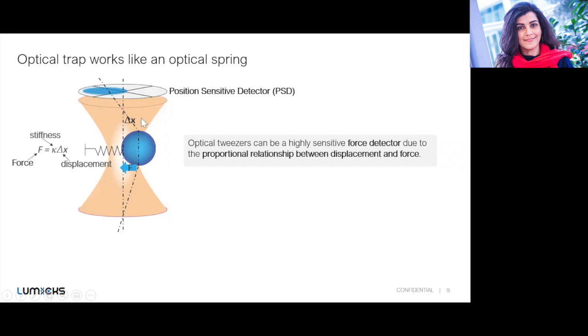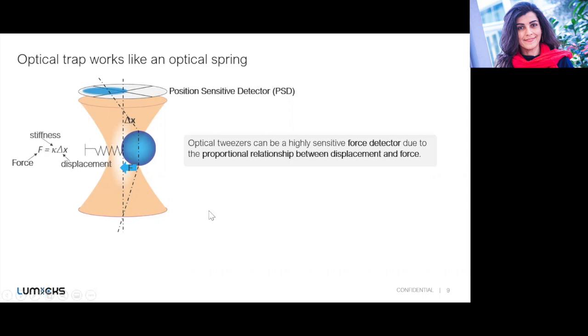Now, for example, we can measure the displacement of the bead using a position-sensitive detector. And once we have the displacement, by calibrating this trap to get a value for its stiffness, we can measure force.